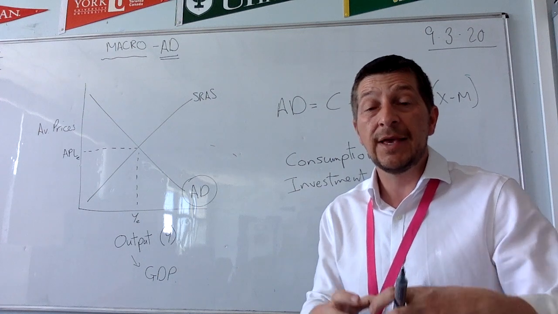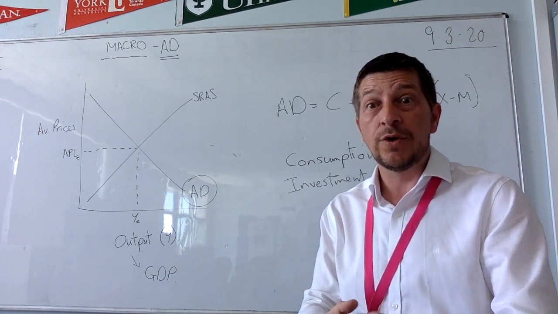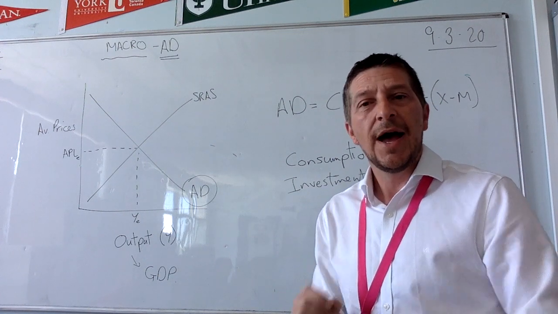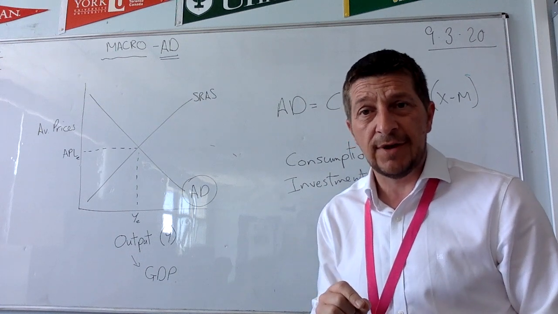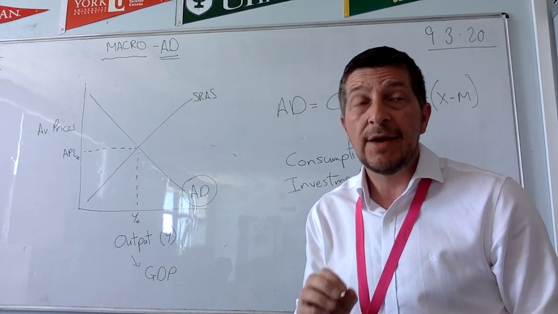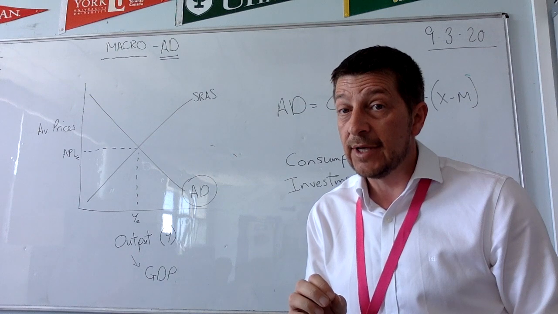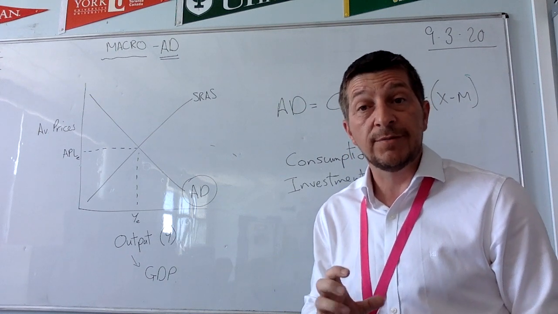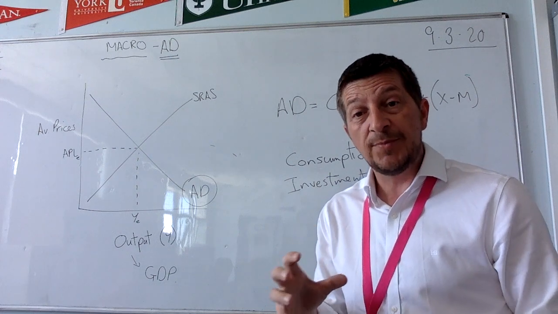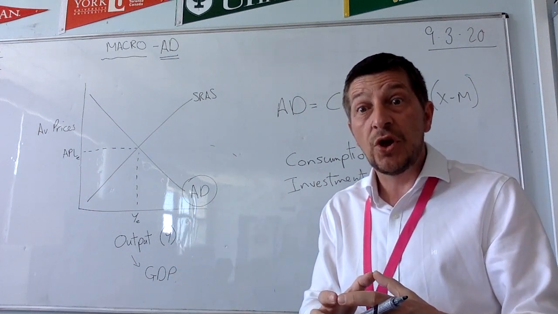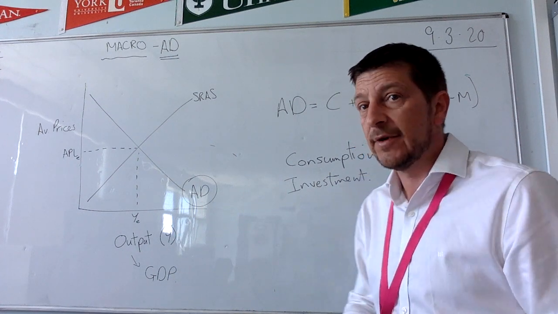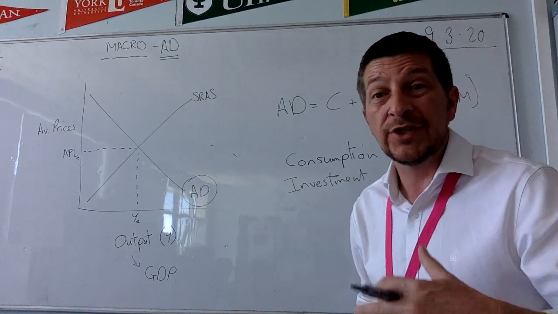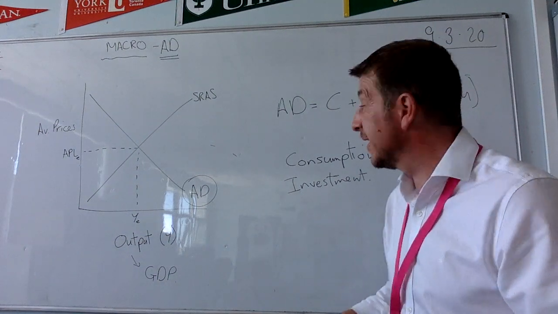They'll be buying things in order to get bigger. Where do they get the money from for that investment? Normally, they will borrow that money. Or it might be from previous profits, but it is money that is being accessed externally, normally. And you'll see the significance of that a little bit later.